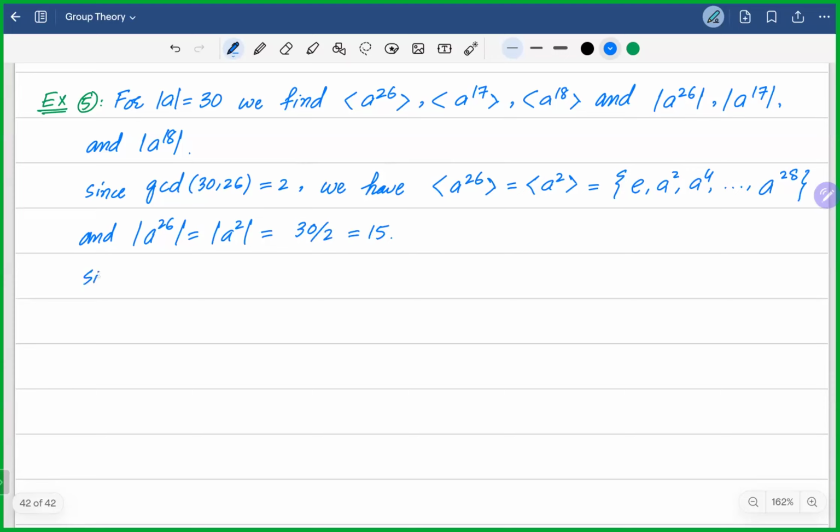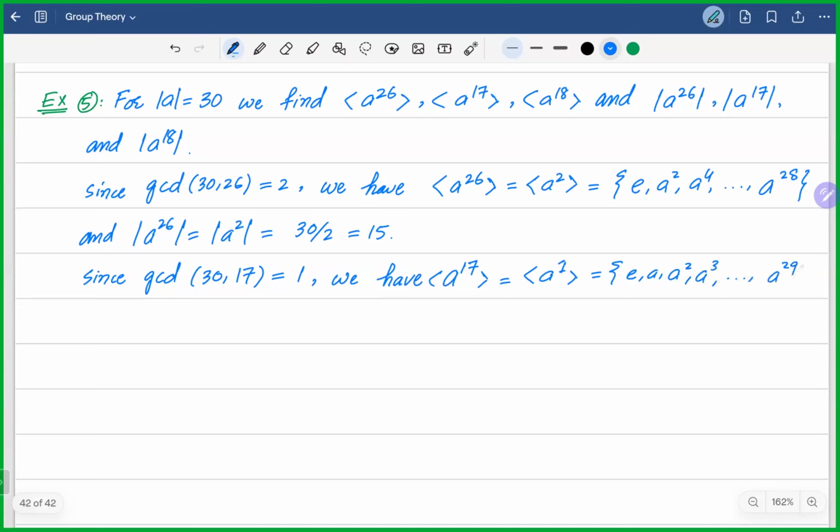Similarly, since the GCD of 30 comma 17 is 1, we have the set generated by a power 17 is going to be generated by a power 1, and that is e, a, a square, a cube, up to a power 29.